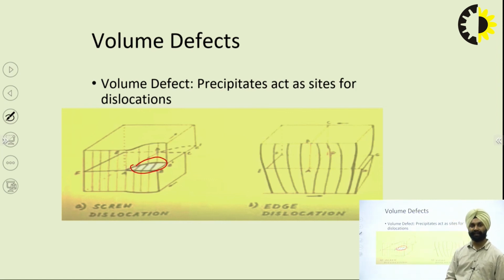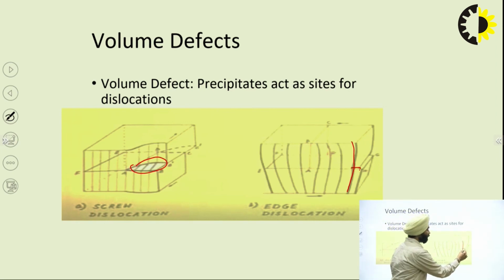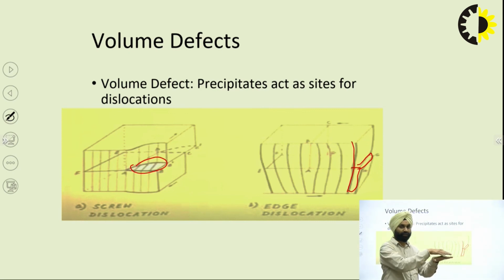Second is the edge dislocations, which are more important when we have epitaxial defects, because this will give an extra layer of the epitaxial. So here you can see that the boundary finishes over here, but due to the defects, this extra layer has been formed. So when an extra edge is created, for example, when we are creating an epitaxial layer, a layer is grown over the other layer.